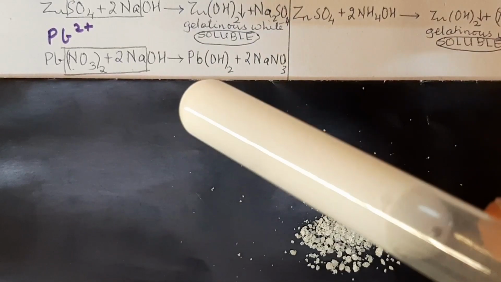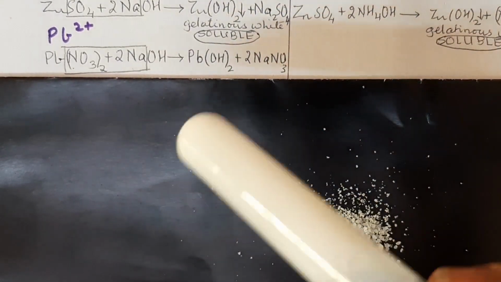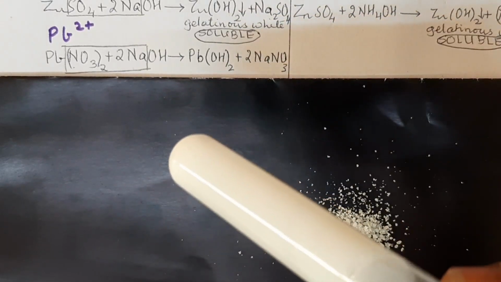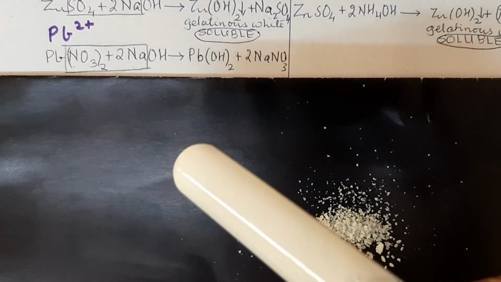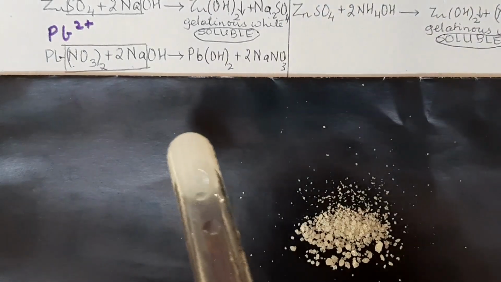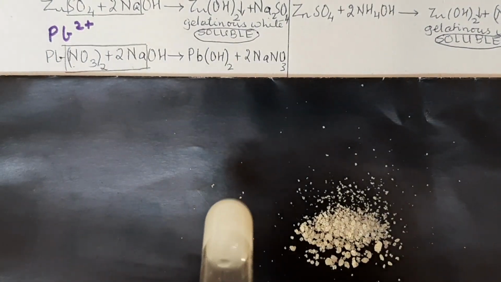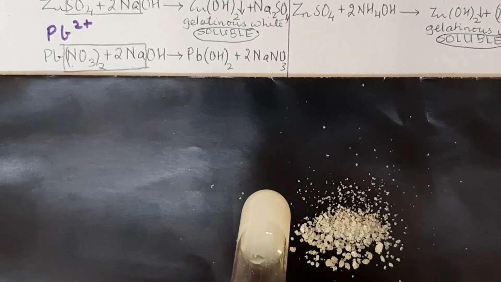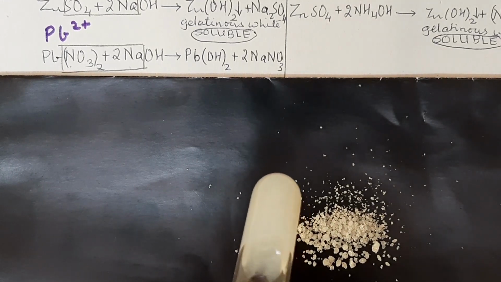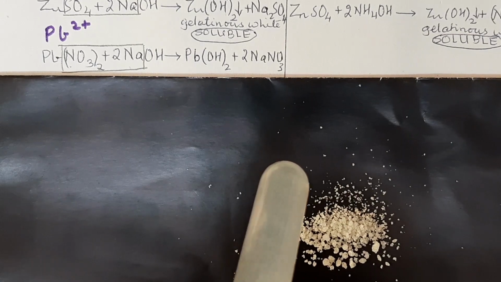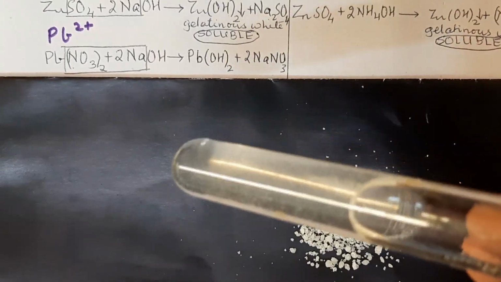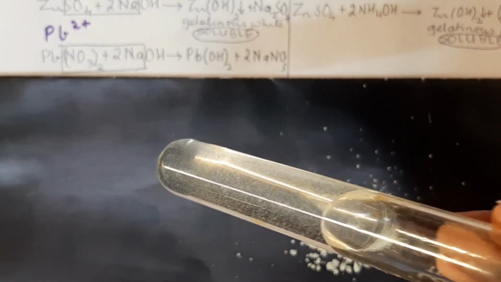We'll need to add some more sodium hydroxide. So I'm going to take a little bit of this lead hydroxide in another test tube, and then add excess of sodium hydroxide. There. Can you see it has dissolved in excess of sodium hydroxide?